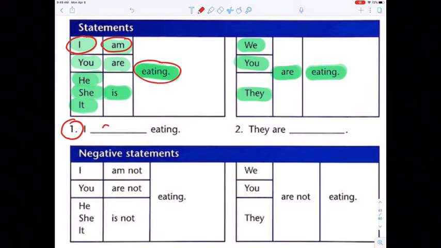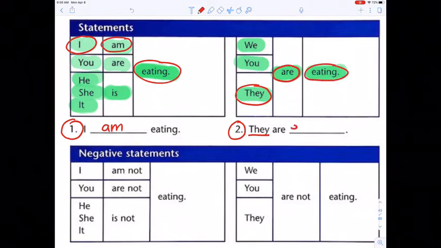What about number 2? They are blank. They are what? Eating.